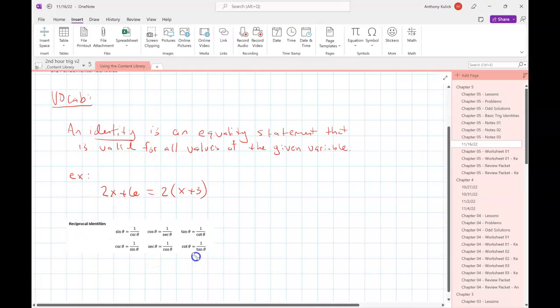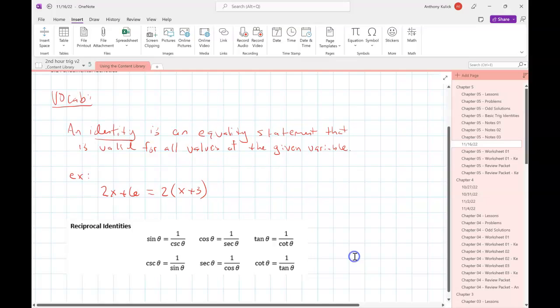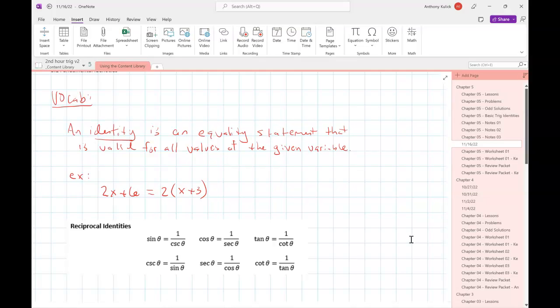These are things that we had already kind of talked about before. For example, cosecant is the reciprocal of sine, secant the reciprocal of cosine, cotangent the reciprocal of tangent, and so on and so forth, right? These are all things we talked about way back in chapter 2. But we're going to rewrite them now formally and call them an identity.